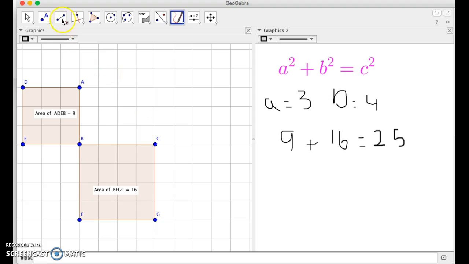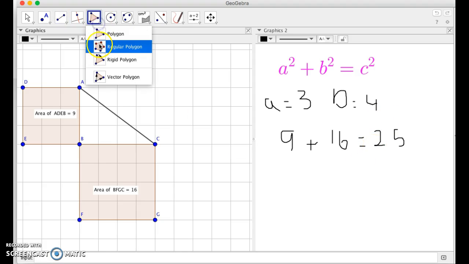So first I need to create my hypotenuse, which will be created by segment AC. So this is my hypotenuse and it's right across from the 90-degree angle. So if I square my hypotenuse according to the formula, the area of that square will be 25.